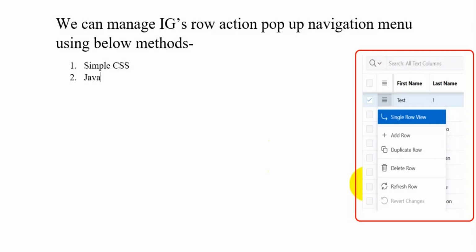Suppose I have no need to display add row, delete row, duplicate row. That means no modification allowed. I will block the user to add row, delete row, and duplicate row. So how can we implement it? So let's start the practical session.